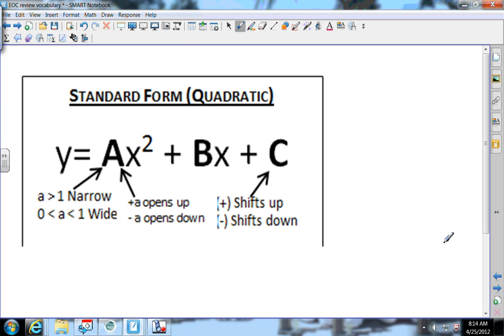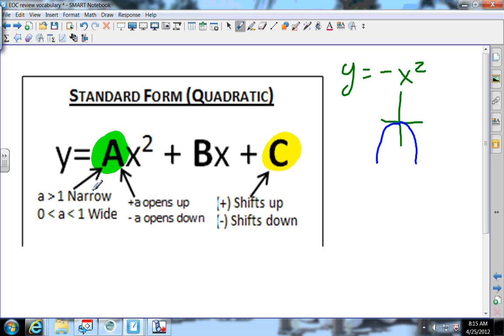Now, what it's saying is this number right here, this c, is going to shift it up and down. It's going to change where your vertex is. This number over here, we talked about this before a while ago. If we had, say, y equals negative x squared, that parabola would open downward.